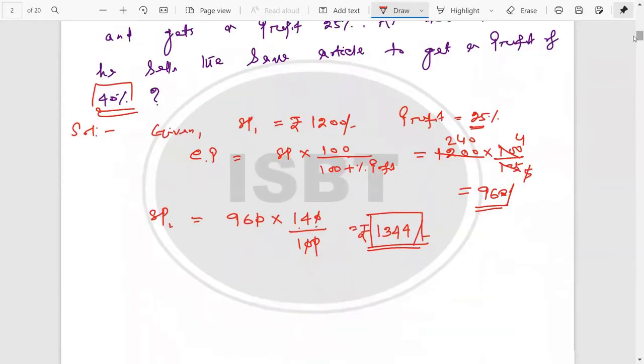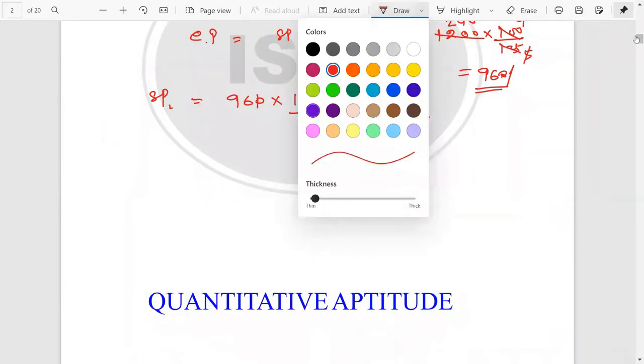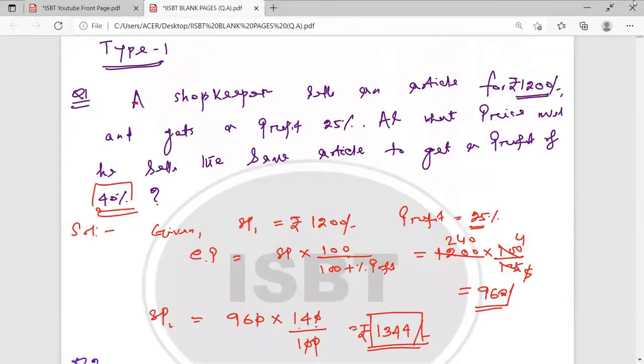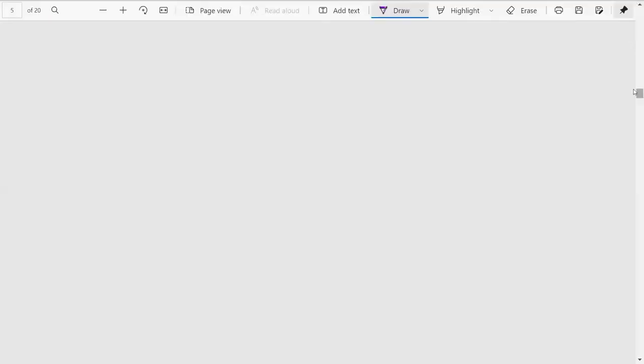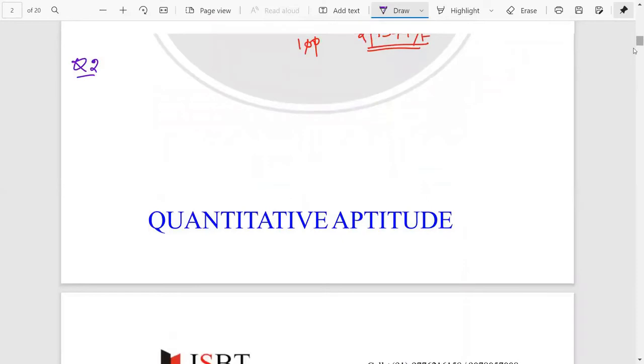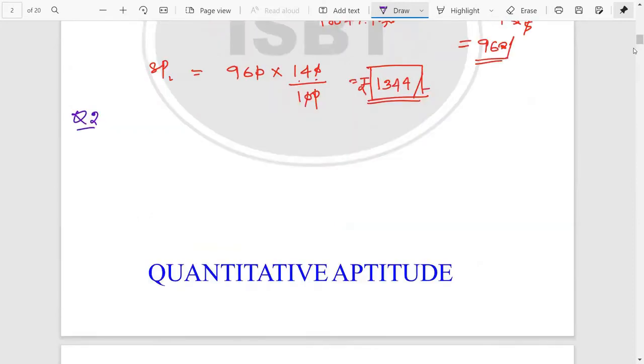Now we come to the second question. Question number 2, write down.